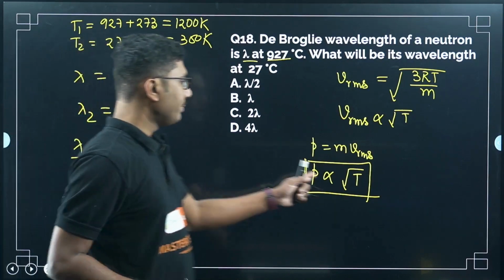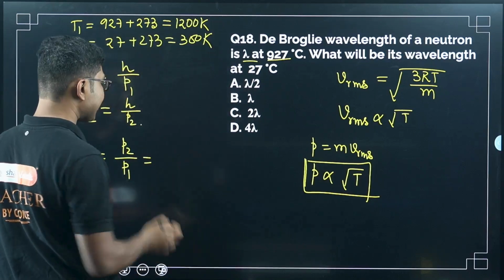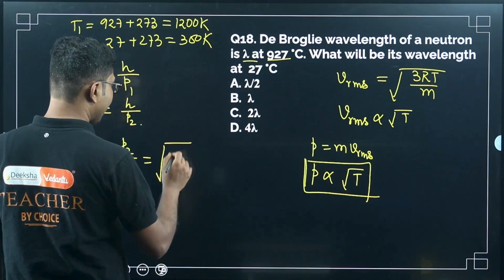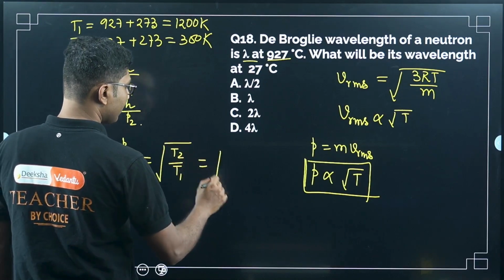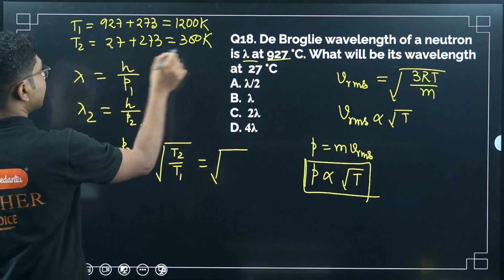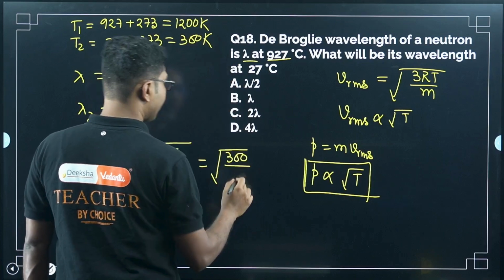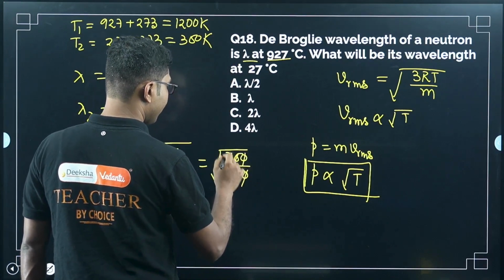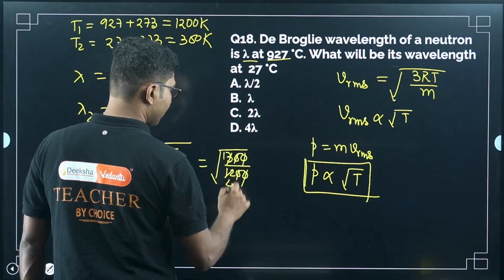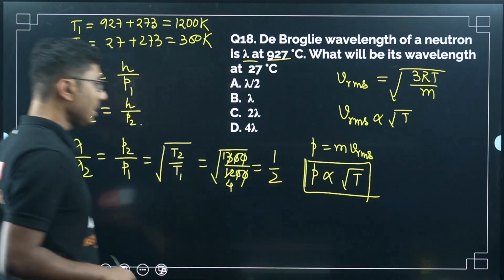Now p is directly proportional to the square root of temperature, everything else is constant, so they will cancel and we will get the square root of T2 by T1. So what is T2? T2 is 300 and T1 is 1200. Cancel, 3 12s are 4, so it is 1 by 2.